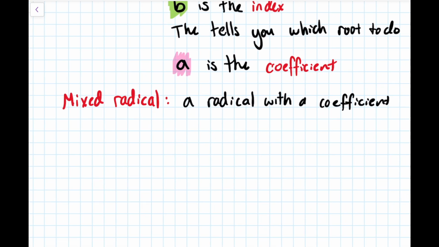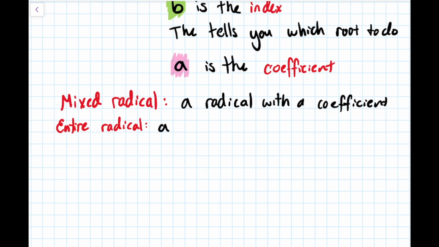Our other option is called an entire radical. And that's just a radical that doesn't have a coefficient. So we're going to work with both of these quite a bit. They both have their advantages and disadvantages for doing different things.